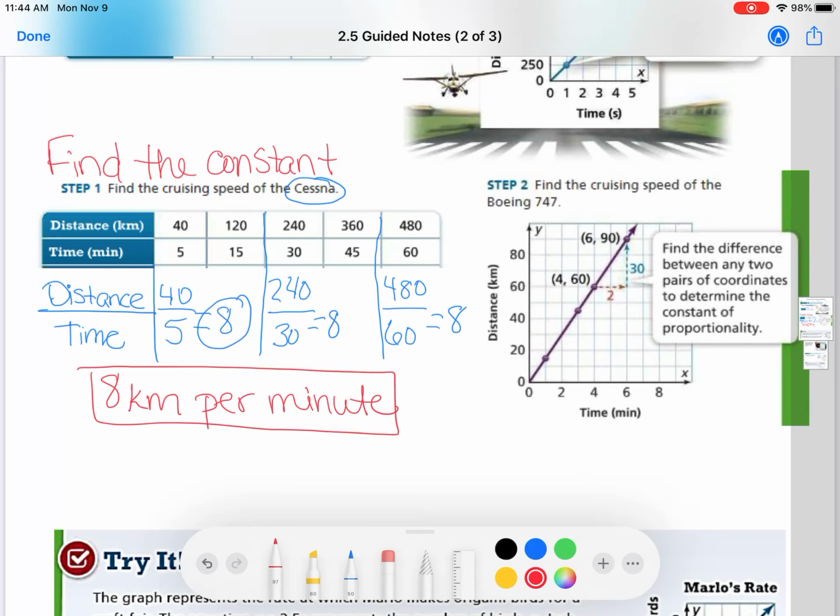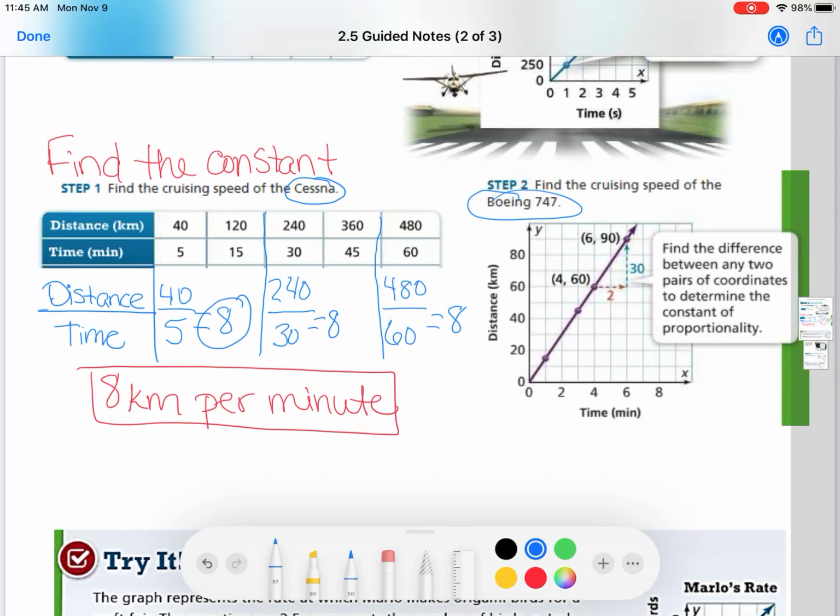So now we're going to look at the graph. The graph over to the right is showing the Boeing 747, and we're going to end up comparing these two. There's actually a note already there for you. It says, find the difference between any two pairs of coordinates to determine the constant of proportionality. Remember, coordinates are just the points on a graph, the locations.